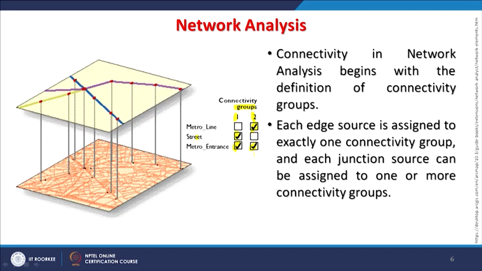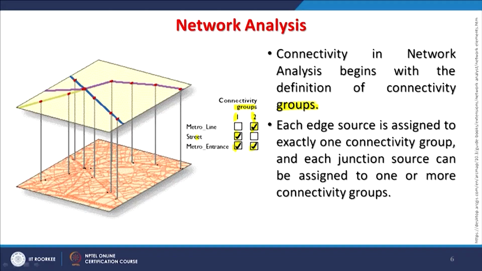So the connectivity analysis begins with the definition of connectivity groups, and in this left diagram also, as you can see, these things are connected. Detailed information is required before we really get accurate results. This has to be defined in the database: which network features belong to which group.